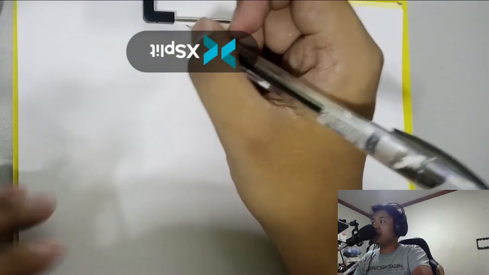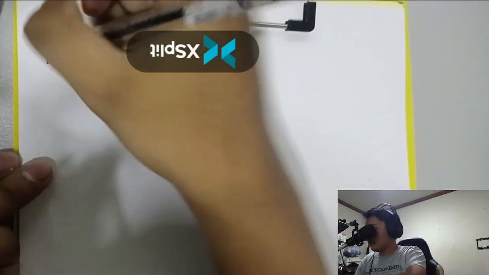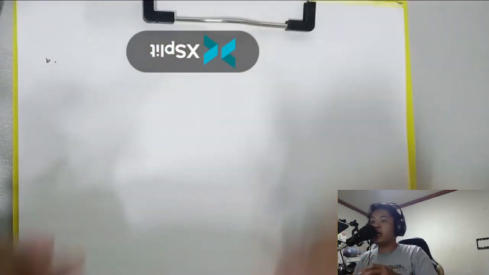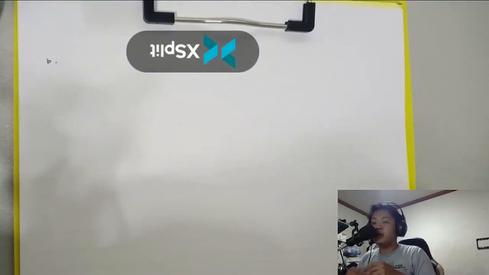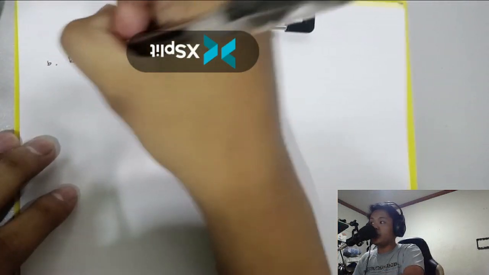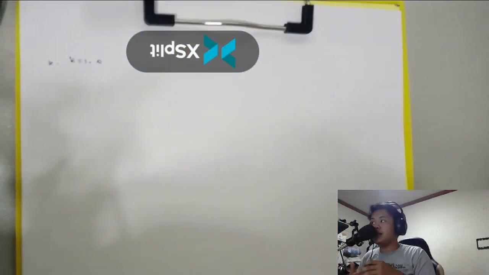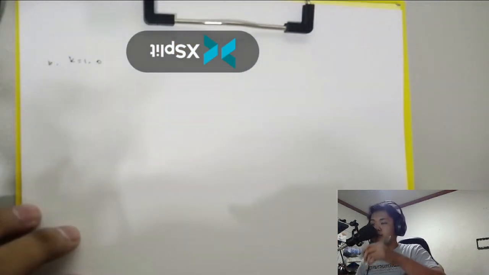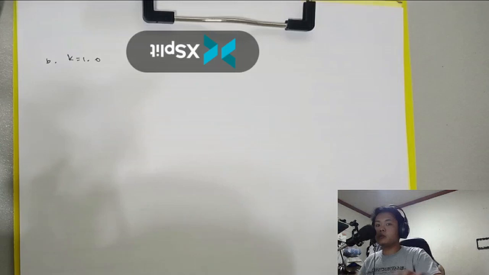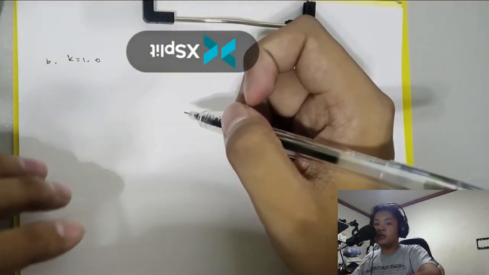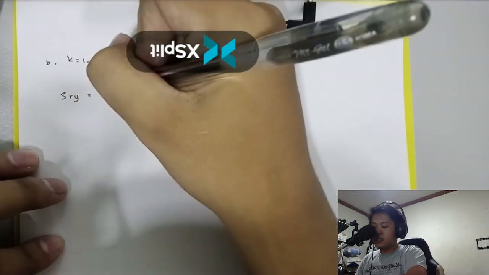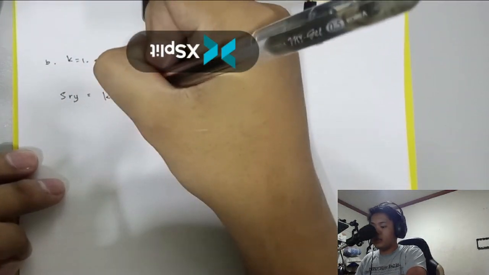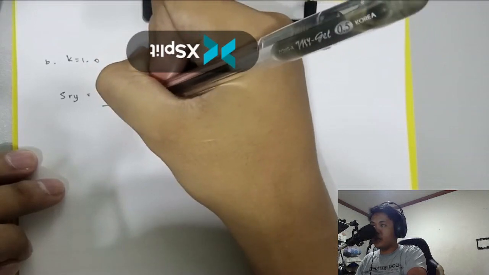So sa pag-solve naman natin for the letter B or if both ends are pinned, ang pinagkaiba lang niya is yung K, yung value ng K natin is magiging equal to 1.0, or yung value ng slenderness ratio is magiging 2 times lang siya. So dito, using the same formula na slenderness ratio is equal to KL over RY.